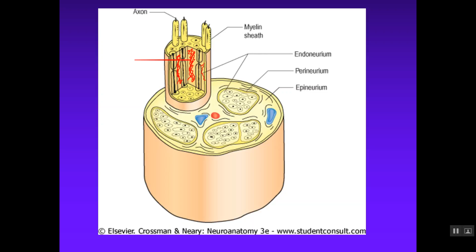The perineurium is actually just this little area here that wraps around. So this is the perineurium here. I don't know why it's shooting off to the side with my drawing there. And then the epineurium is all this stuff, including this outer edge here that wraps around those bundles of axons. So that's the perineurium.